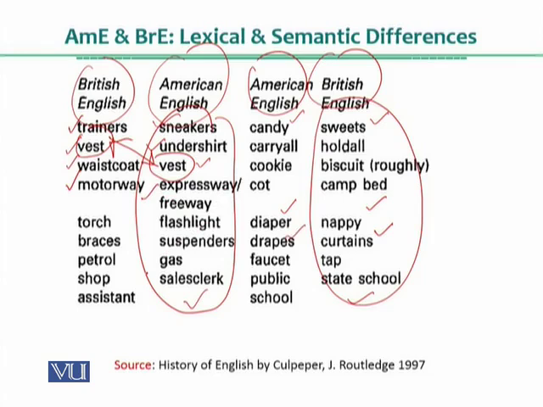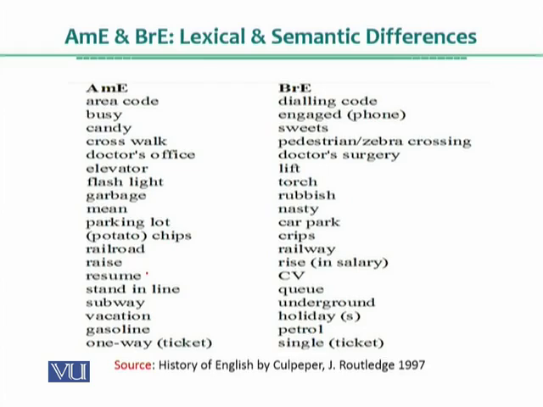I think if you focus on this activity for a while, it would be a good learning experience that you would enjoy as well. Well, I move on to the next slide, and here again there is a set of lexical items with American and British options.